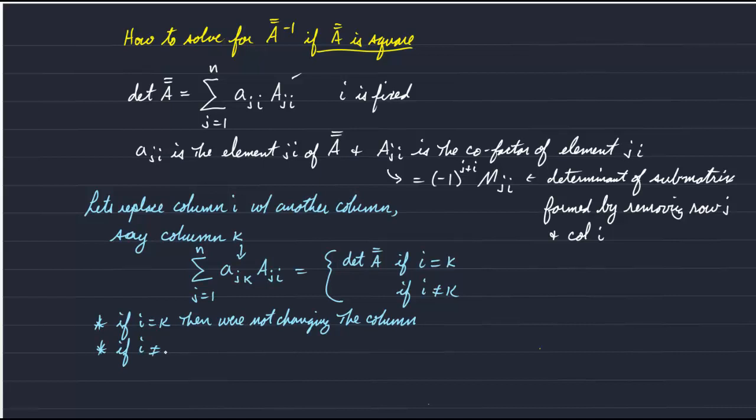If i is not equal to k, then we are replacing column i with one of the others. And this is important because it's like taking the determinant of a matrix with two identical columns.